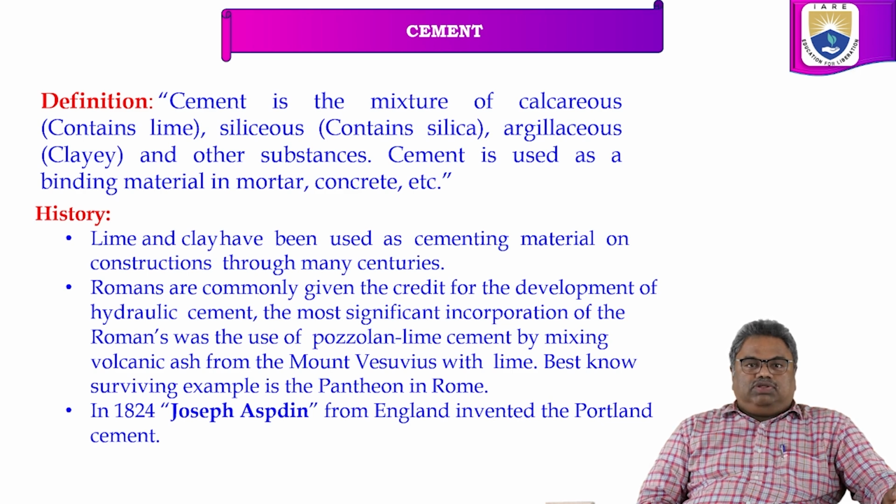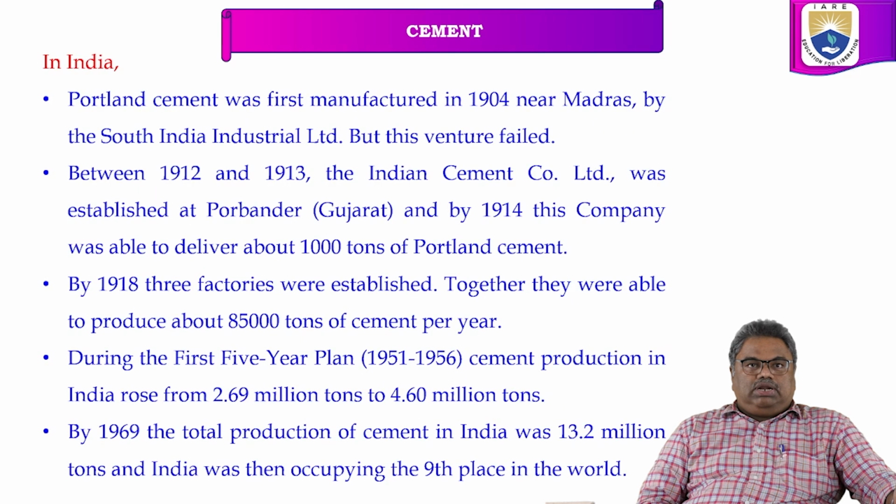In 1824, Joseph Aspdin from England invented the Portland cement. So this is the basic history of cement. In India, the Portland cement was first manufactured in 1904 near Madras by the South India Industrial Limited, but the venture failed.